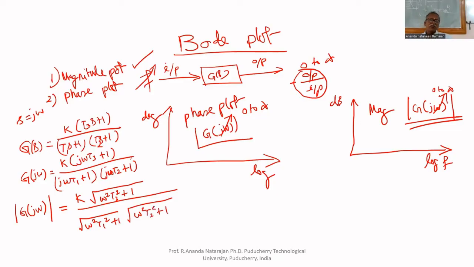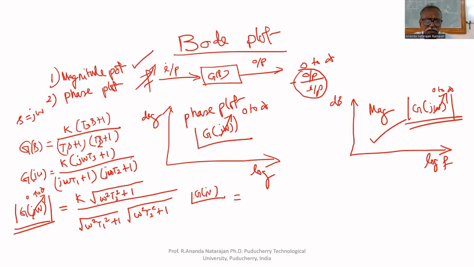So we got the magnitude. Here we have to vary omega from 0 to infinity, find this value and plot. That is called the magnitude plot. The phase plot is the angle of G of j omega.